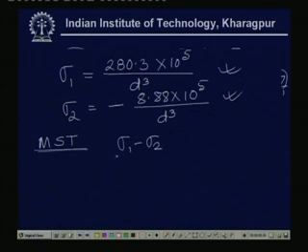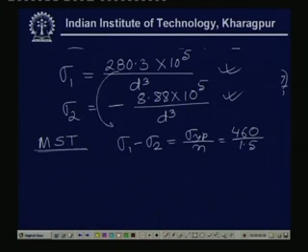Sigma 1 minus sigma 2 equals sigma yield point divided by n, n is a factor of safety. What is this value? 460 was a sigma yield point value and 1.5 factor. Put these values over here, you get the value of diameter turning out to be around 45.52 mm.